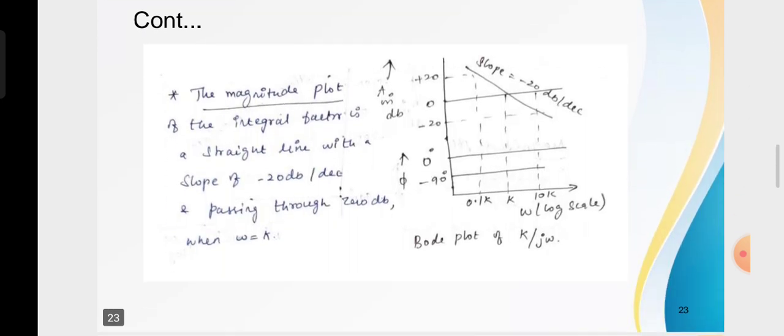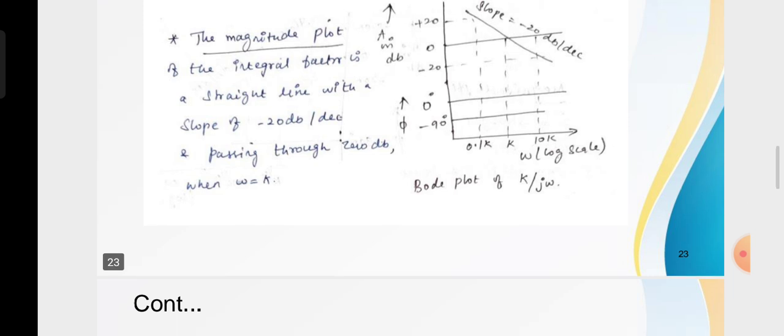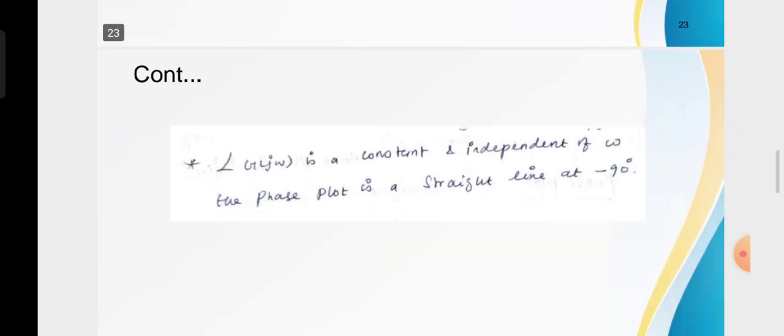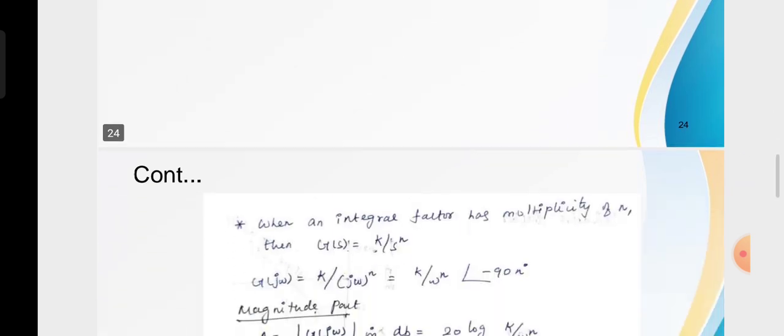So this is the Bode plot of K by j omega. The magnitude plot of the integral factor is a straight line with a slope of minus 20 dB per decade, passing through 0 dB when omega equal to K. And the phase angle is a straight line at minus 90 degree, so it is independent of omega value.